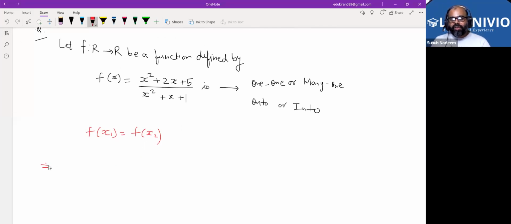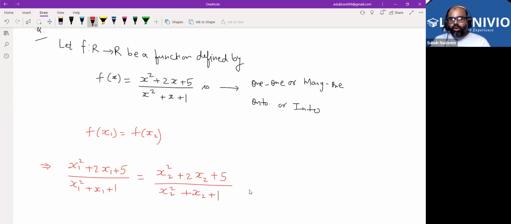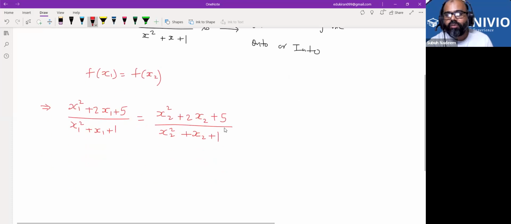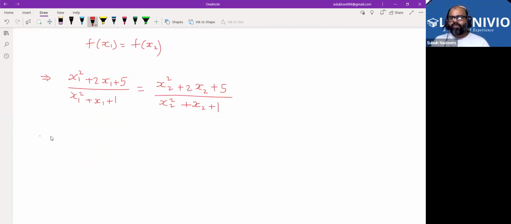So this will become (x1 square plus 2x1 plus 5) by (x1 square plus x1 plus 1) is equal to (x2 square plus 2x2 plus 5) by (x2 square plus x2 plus 1). Now, if you cross multiply, what will you get? This next step will be a little bit bigger, but here there is no other option. Then some terms will get cancelled. So just try this first.